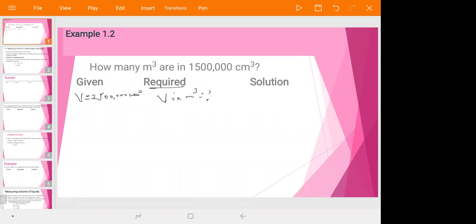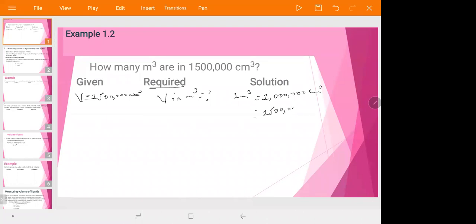Let us start from the relationship between meter cube and centimeter cube. 1 meter cube is equal to how many centimeter cube? 1 million, or 10 to the power of 6 centimeter cube. The given one is in centimeter cube, so we must write it at the side of centimeter cube.